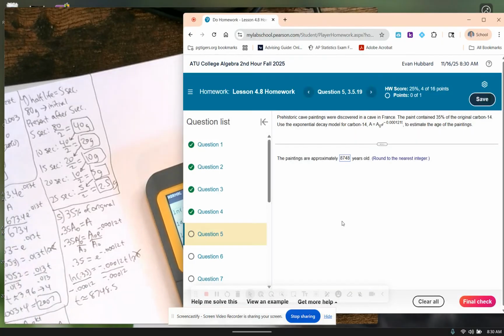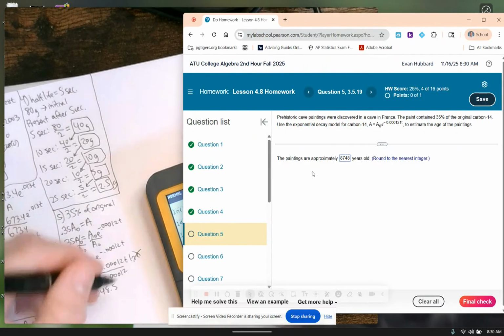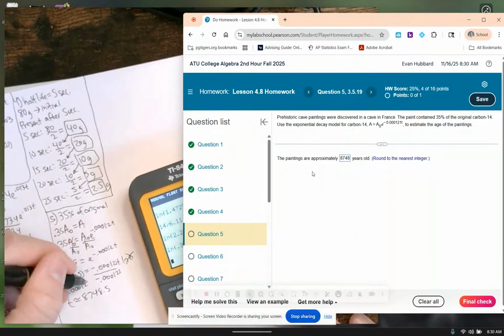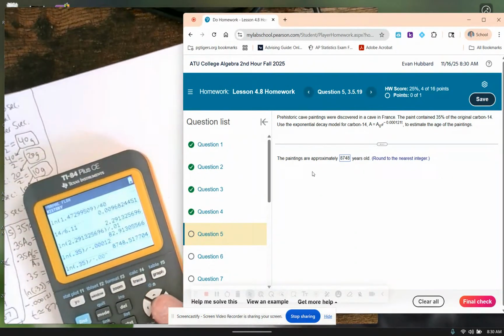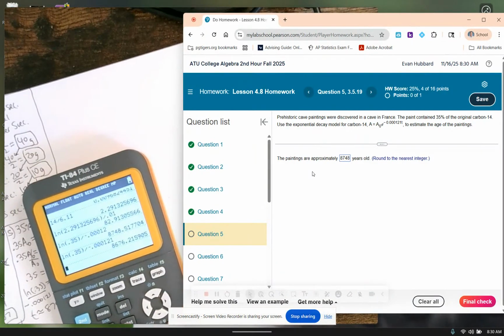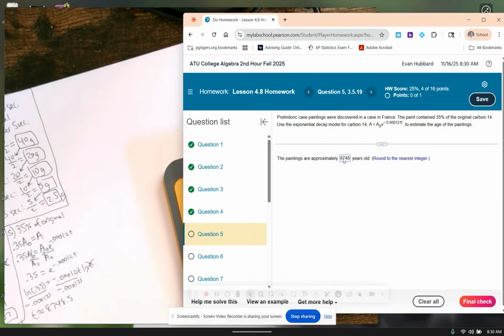Okay, whoops. 35% of the original painting. I forgot to put the 2-1 here. I apologize. I'm glad you could see me mess up, but that's going to make a difference here. 8,676.